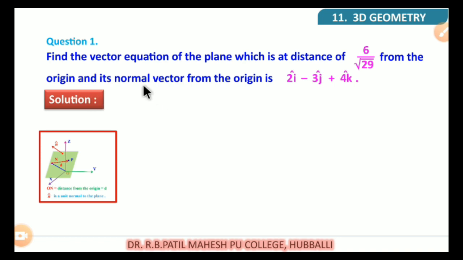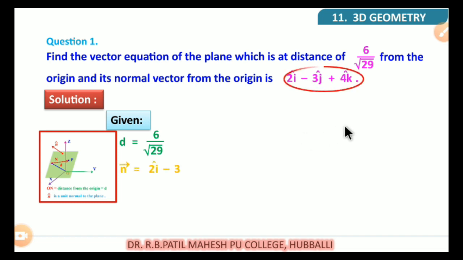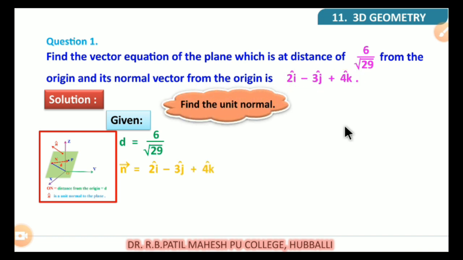Now to find the vector equation of the plane, consider the data given, that is d is equal to 6 divided by square root of 29, and the normal vector, that is n vector, is equal to 2i minus 3j plus 4k. Now find the unit normal.